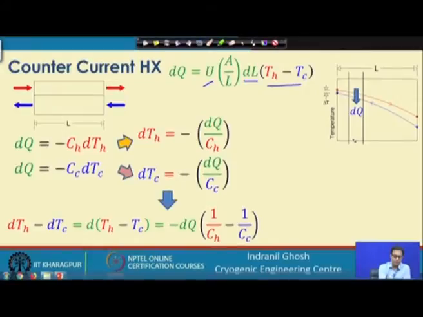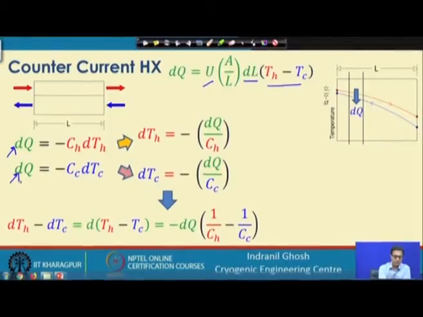Now, if we make an energy balance for the hot fluid, we will find dq equals minus Ch into dTh, where dTh is the change in temperature within that small length dl.